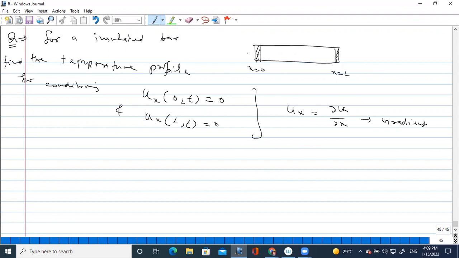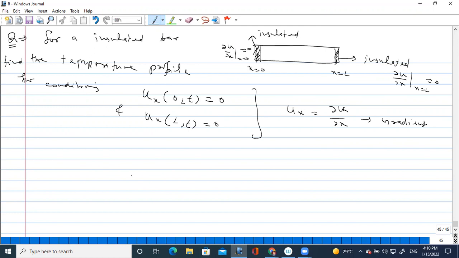It means these two ends are insulated, because del u by del x at x equal to L is 0 and del u by del x at x equal to 0 is also 0. So this is the meaning of that. For an insulated bar, at the ends also it is insulated. Here also it is insulated. So for this bar you have to find out the temperature profile.